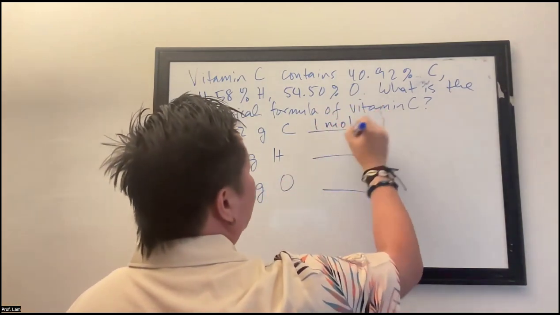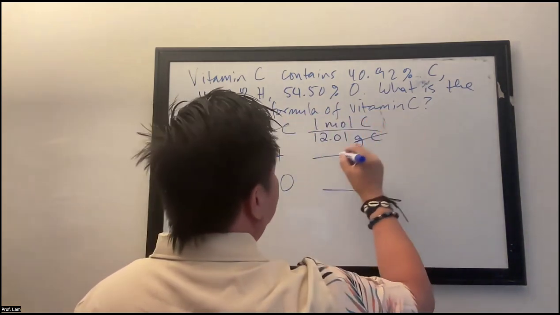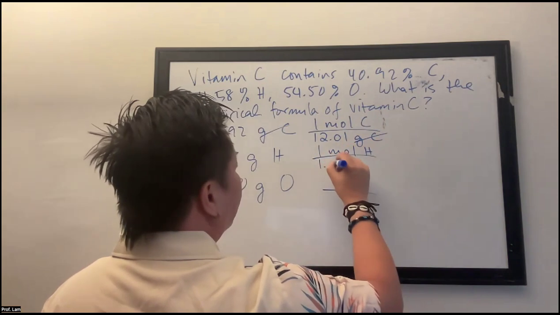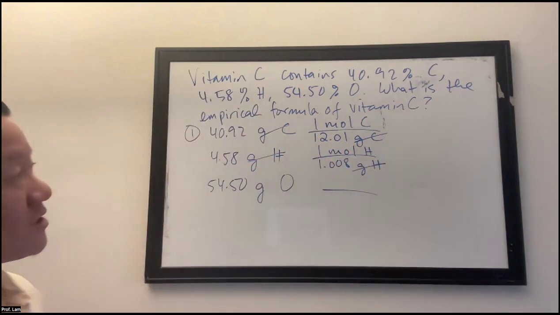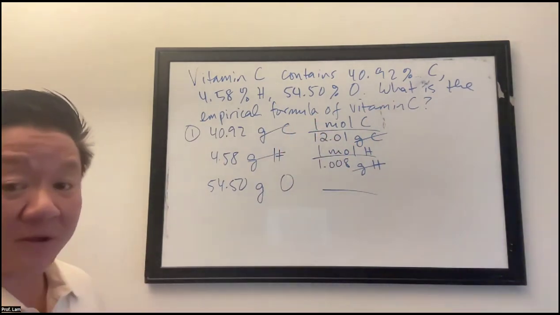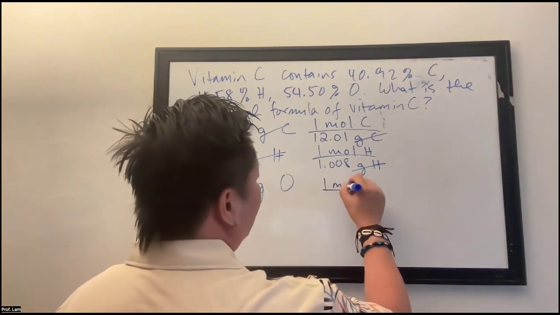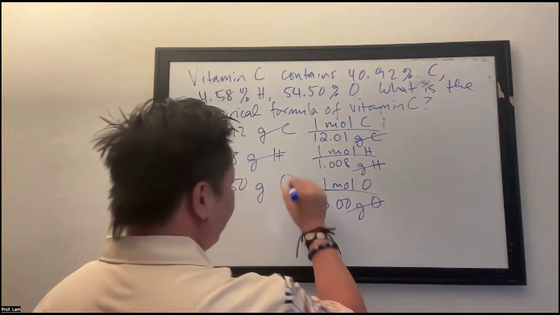So 1 mole of carbon on top, 12.01 grams of carbon on bottom. For hydrogen, 1 mole of hydrogen on top, 1.008 grams of hydrogen on bottom, right? So getting all of these from the periodic table, the molar mass. 54.50 grams of oxygen, 1 mole of oxygen, 16.00 grams of oxygen on bottom.